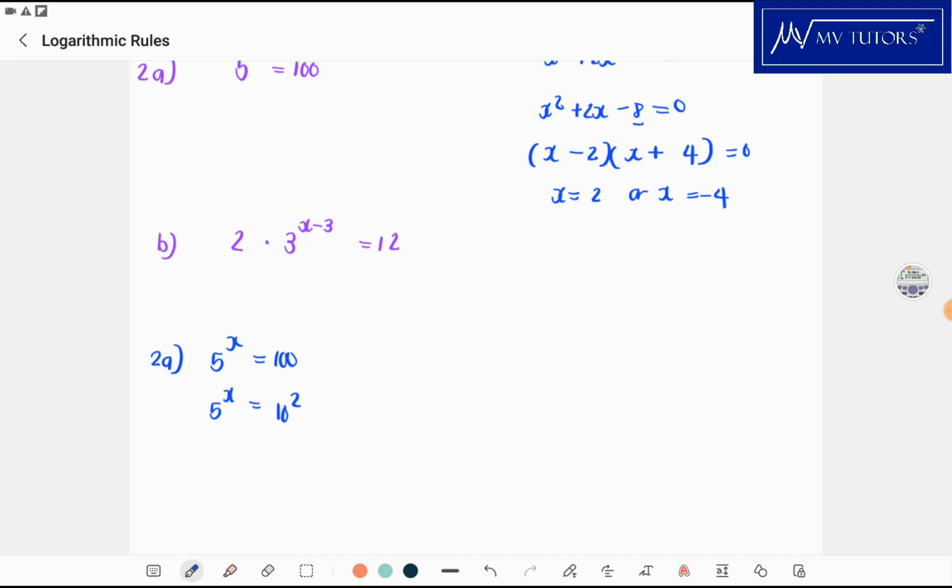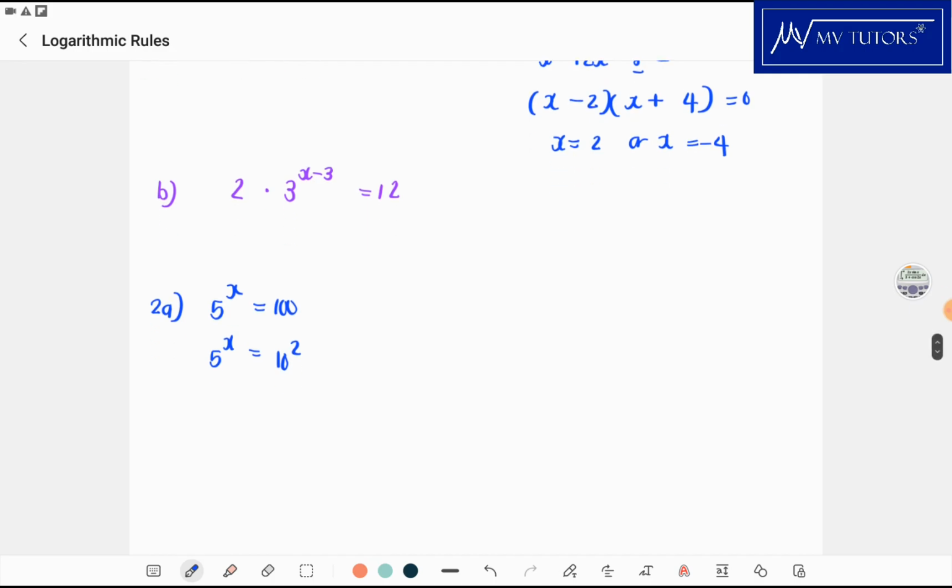But if I have an unknown as my exponent, what I can do is say log base 5. The base is 5. Log base 5 of 100 is actually equal to x.